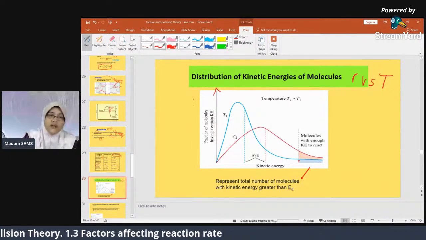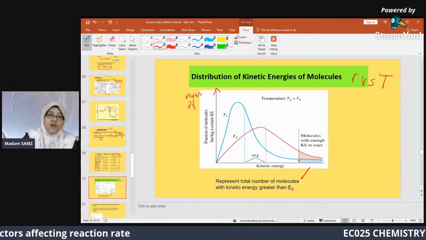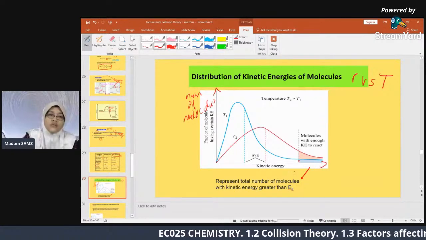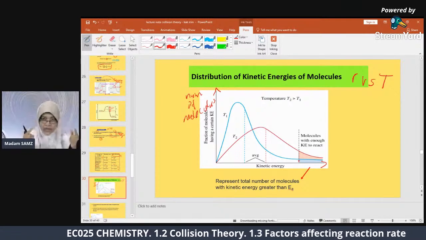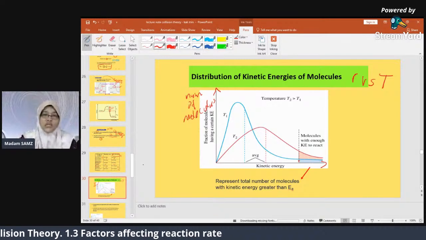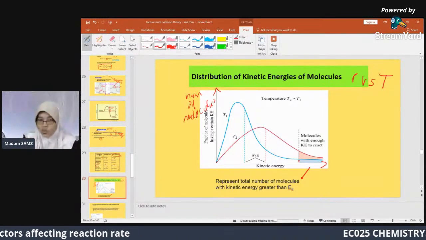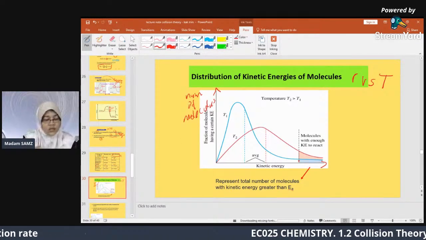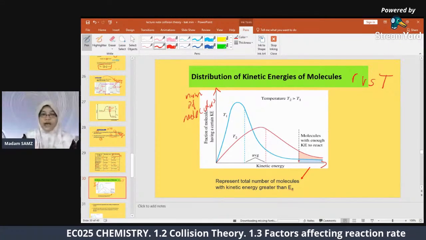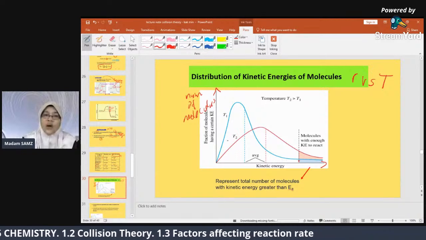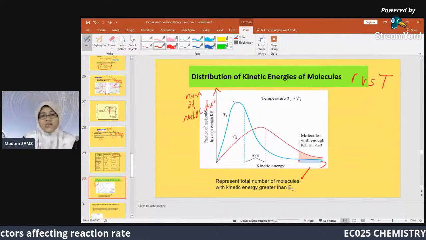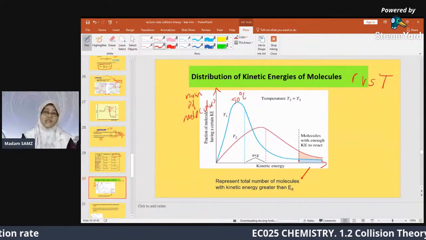Alright, remember y is the number of molecules, and the x-axis is kinetic energy. Remember that Maxwell-Boltzmann is number of molecules versus kinetic energy. So we have two reactions, two of the same reaction. We just manipulate the temperature. All right. So the first reaction is T1. Okay, T1 is, let's say we start with 50 degrees Celsius, for example.